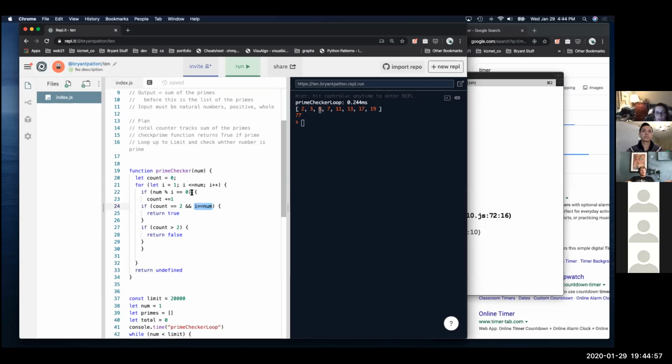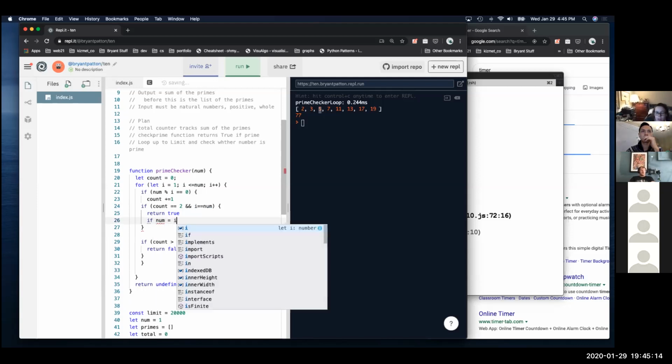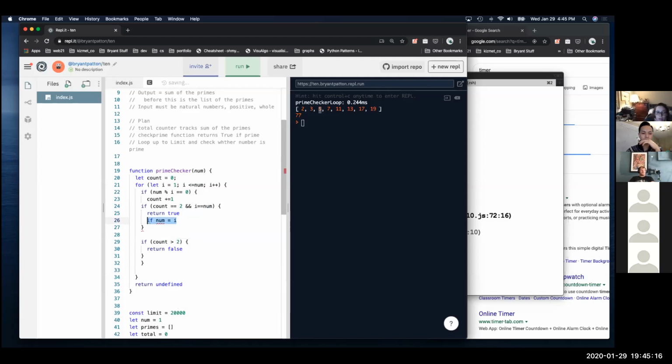I think last night when I was going through it, we were talking about it. I had another nested one, like if number equals i, then return true. But yeah, this was kind of tricky.